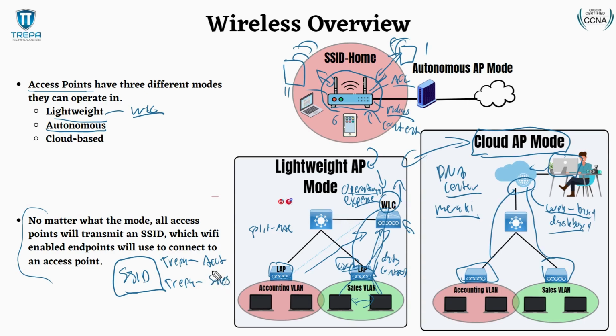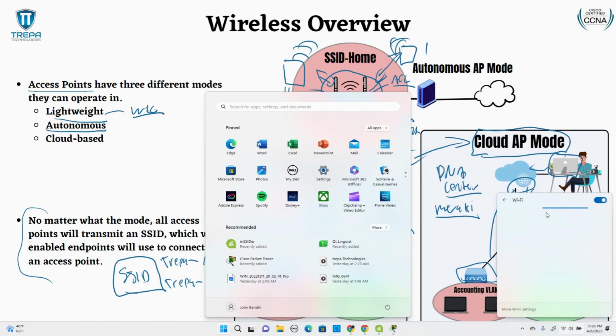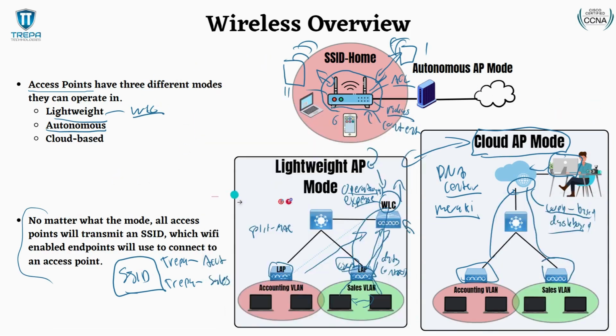If they're a sales guy, all they do when they connect is go down to their control panel or their taskbar. They look and say, oh, there's my Wi-Fi. They might even know the term SSID. So really all this is to say that at the end of the day, being an IT guy, you are part of the business.